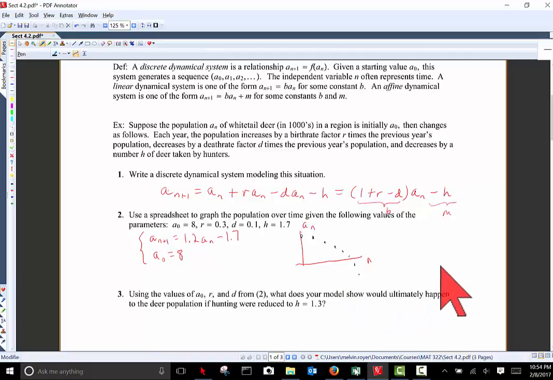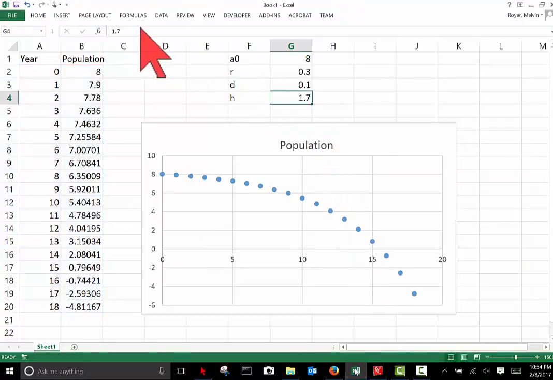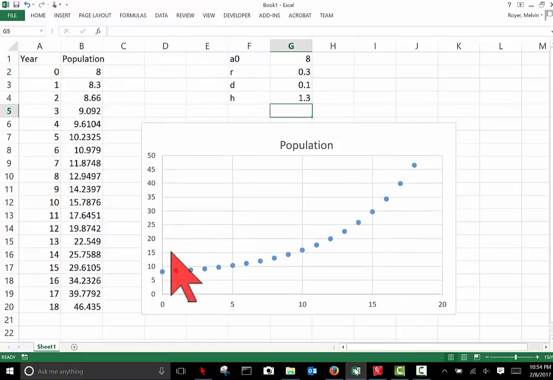The next question says, okay, so we seem to be over-hunting the deer population, so let's reduce the number of hunting licenses available so that H is reduced to 1.3. So if I come here and do that, you see that that made a huge difference. Now the population starts at 8 and increases over time.